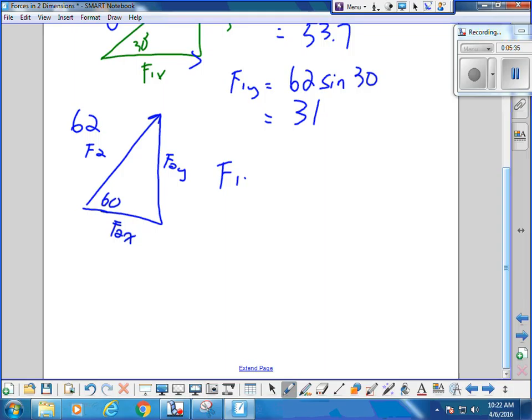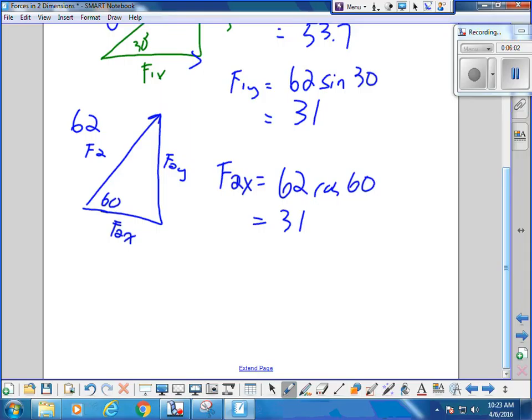Let's do our x first. F2x is going to be 62 cos 60. And I can actually do that one in my head. Are you impressed? Because I know that the cosine of 60 is the same as the sine of 30.